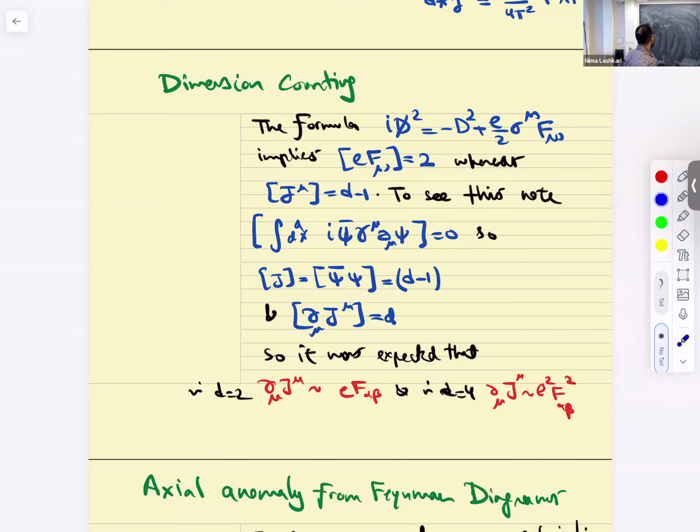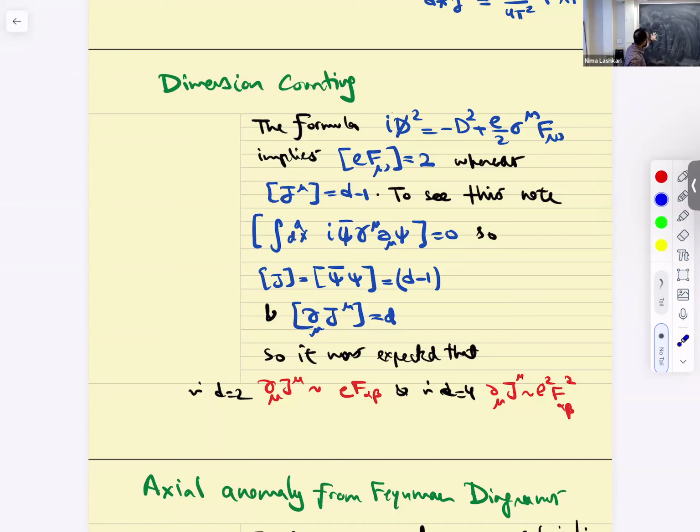Remember how this calculation worked, right? This guy introduced some A mu, there was some pi mu nu here. This was some eta mu nu minus q mu q nu over q squared or something, there was E squared E over pi, and there was A mu here.